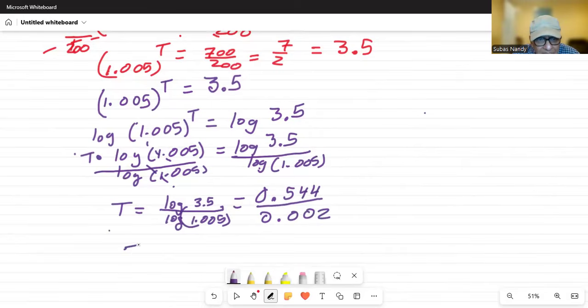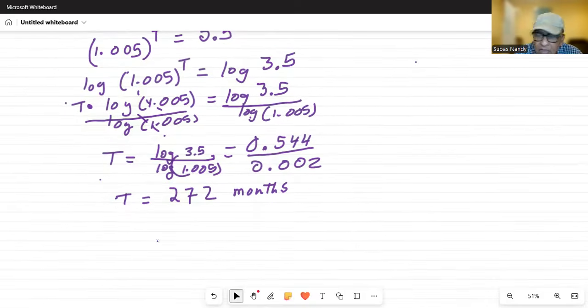Remember, this t will come out in months because we have a monthly interest rate. So 0.544 divided by 0.002 is equal to 272. Again, this is months. So how many years is that? You divide that by 12 months in a year.